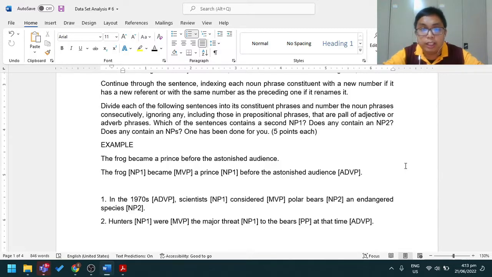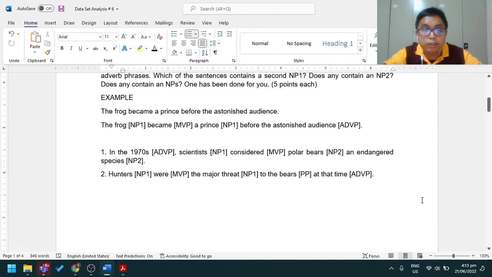Or does any contain an NP2, or do they contain NPs at all? Right? So an example was already given for your reference, and you have here for number 1, in the 1970s, scientists considered polar bears an endangered species. You have here NP1 for scientists, but you have 2 NP2s because polar bears and endangered species refer to the same thing, which is why they are both NP2.